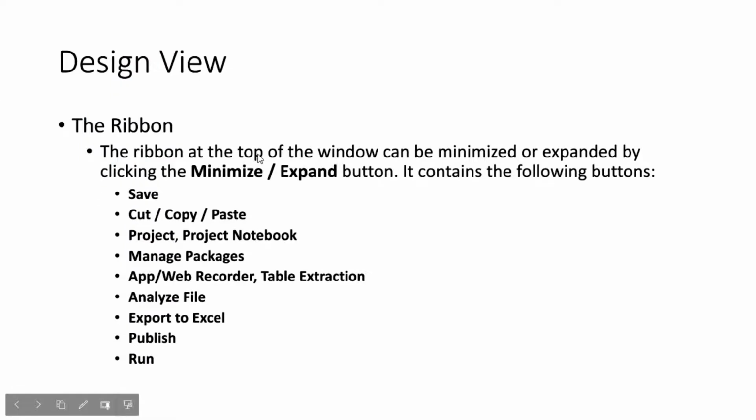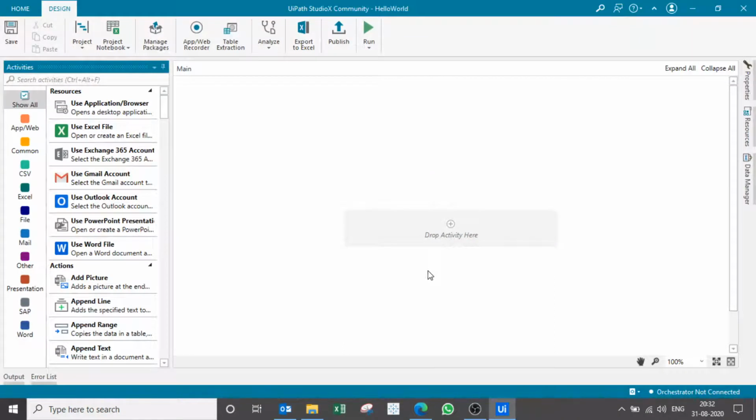The ribbon at the top of the window can be minimized or expanded by clicking the minimize expand button, and it contains the following buttons. So what are the buttons? First of all is save.